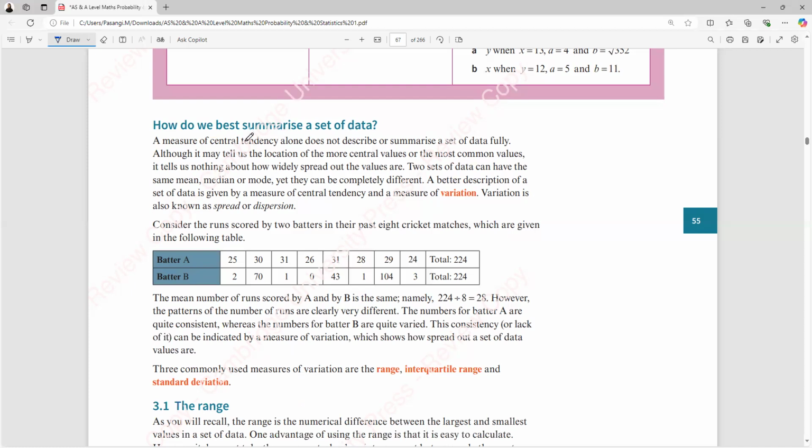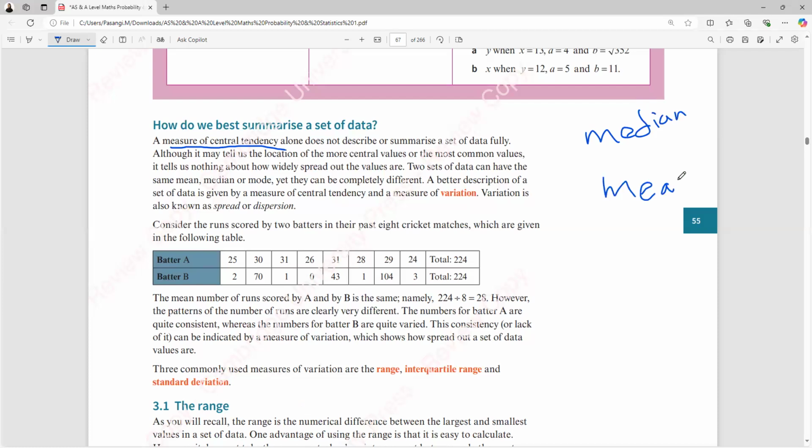How do we best summarize a set of data? A measure of central tendency alone does not describe or summarize a set of data fully. Last chapter we discussed the measures of central tendency, the median, the mean and the mode.